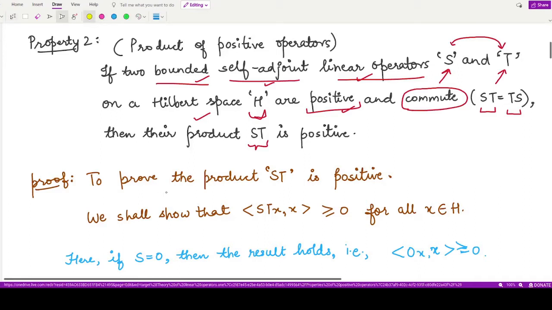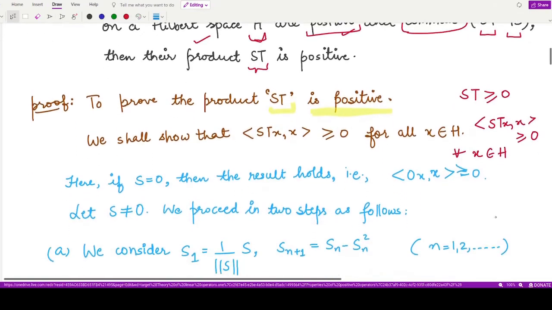First of all, we want to prove that ST is a positive operator. In order to show this, we shall show that the inner product of STx with x is greater than or equal to 0 for every x belonging to the given Hilbert space. So this is what we will be proving here.